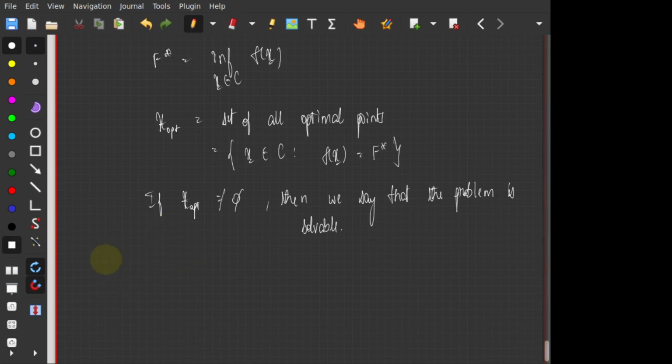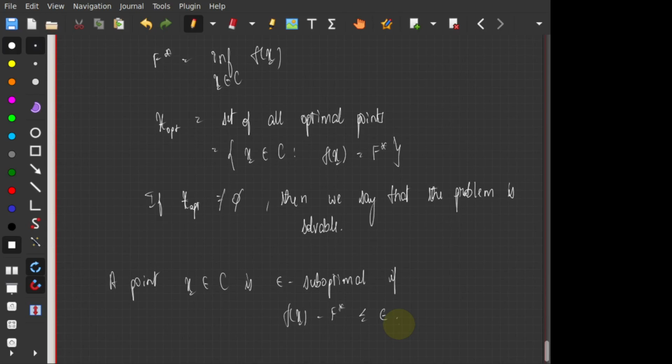So we'll say that a point is epsilon suboptimal if f of x minus f star is less than or equal to epsilon.